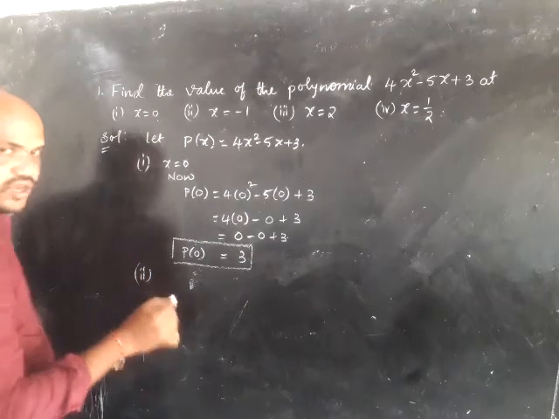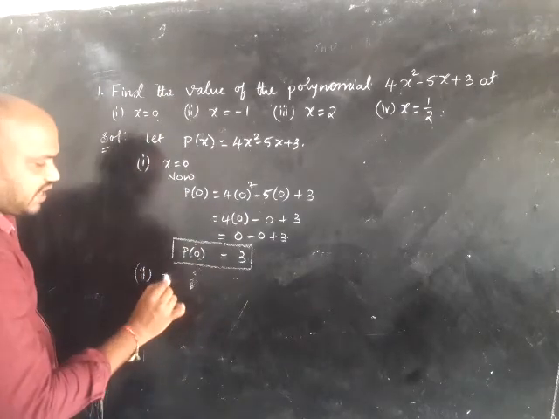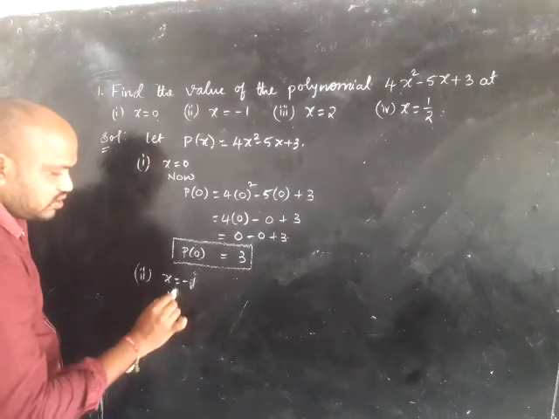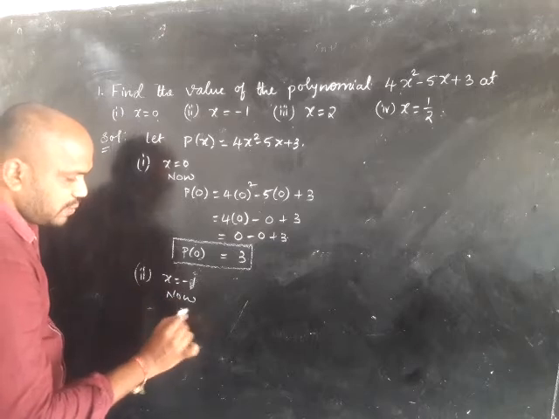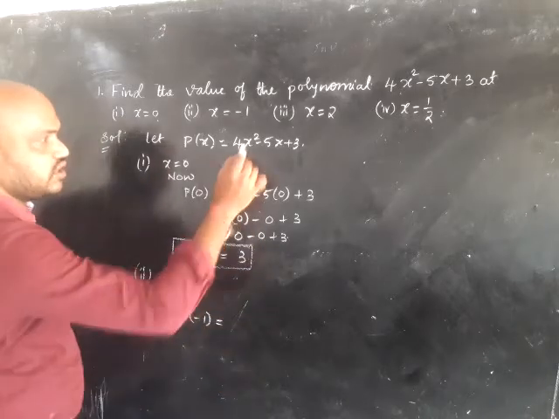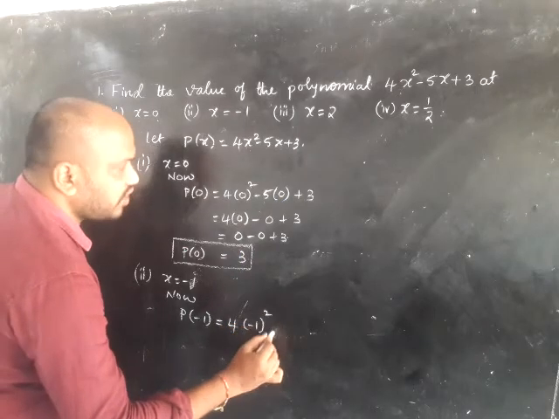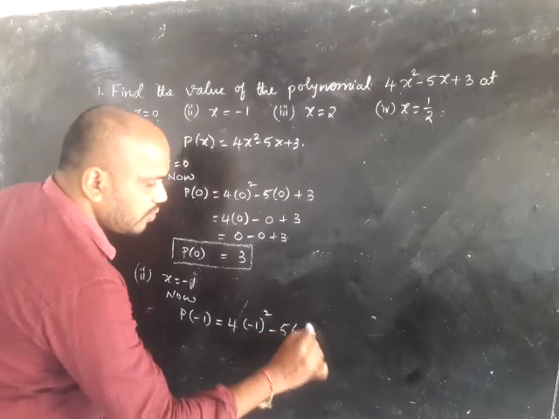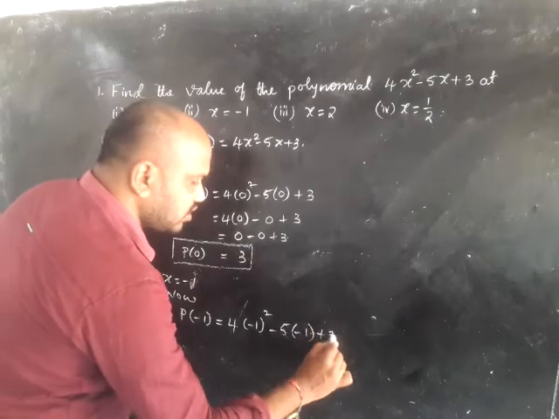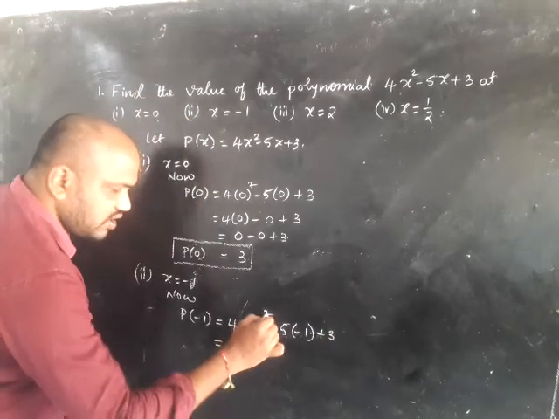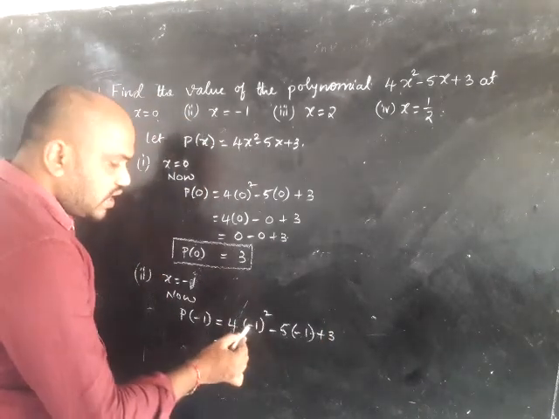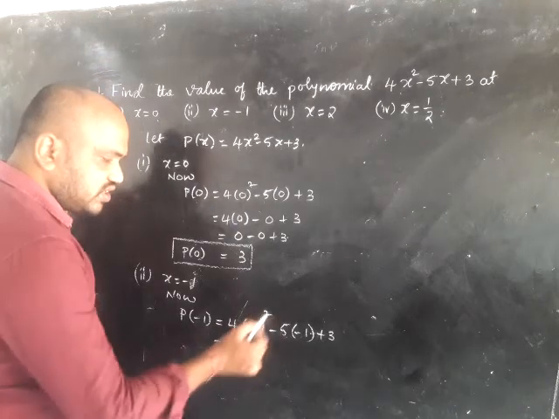Now see the second one, at x = −1. In place of x we have to replace with −1. So 4 into (−1)² − 5 into (−1) + 3. Now (−1)², the power is even, so the negative will become positive and 1² is 1.